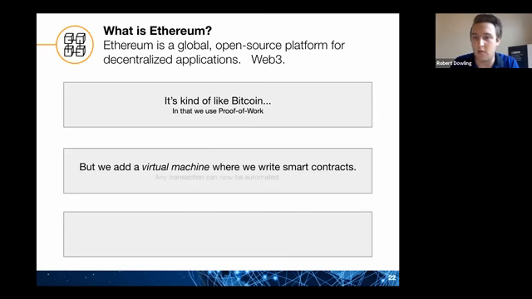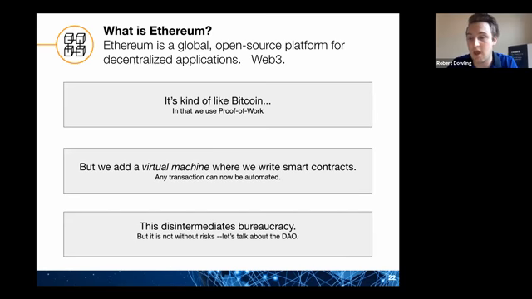So what is Ethereum? Kind of like Bitcoin, we use proof of work, but we've added this virtual machine. It can automate transactions and it can automate business logic. And it could go as far as disintermediating bureaucracy, and you could use smart contracts for a lot of the functions that we hire business people to do currently.